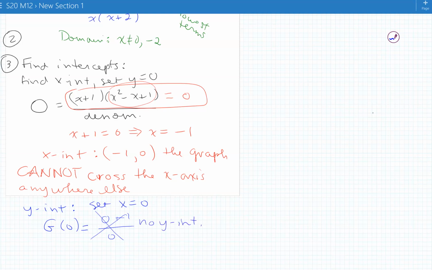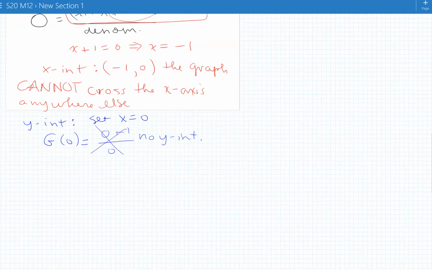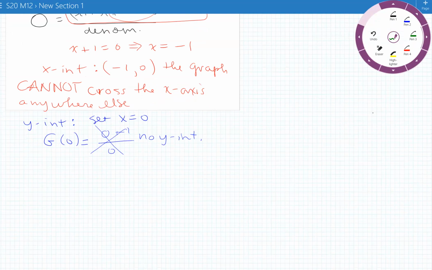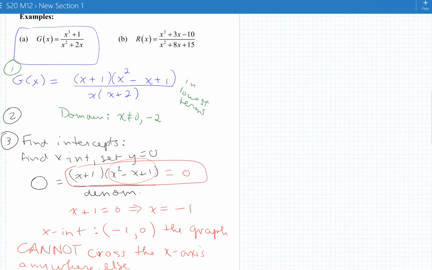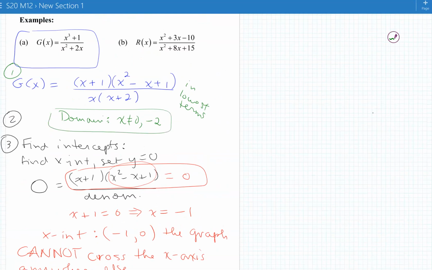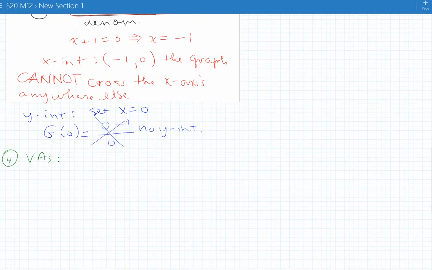The function is not defined when x is 0. So then we're at step 4, find any vertical asymptotes. So when you figured out the domain, really that's the same work. You just are saying now equal instead of don't equal. So when x equals 0 and x equals -2, you need to have vertical asymptotes.